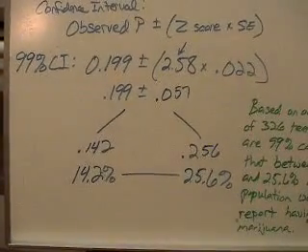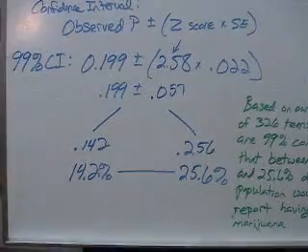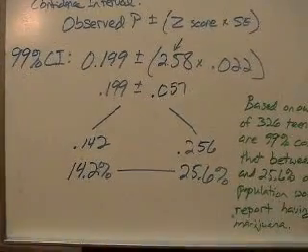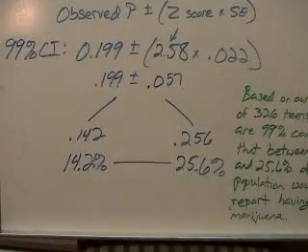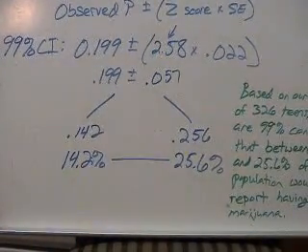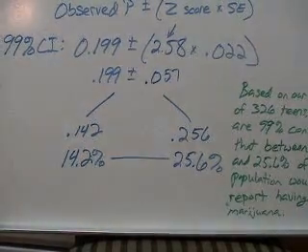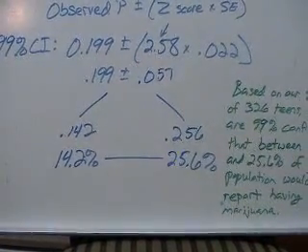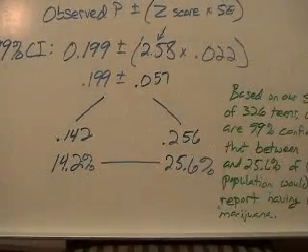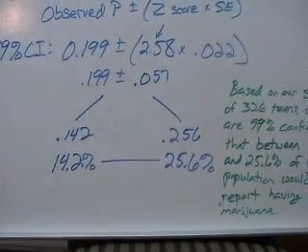So that ends up being 0.199 plus or minus your product of 0.057. 0.199 minus 0.057 is 0.142, and 0.199 plus 0.057 is 0.256. So you have a confidence interval between 14.2% and 25.6%.